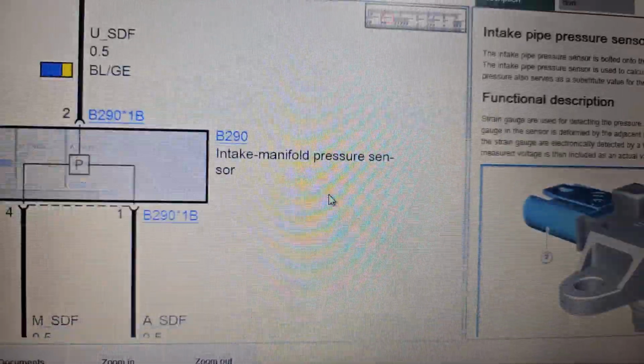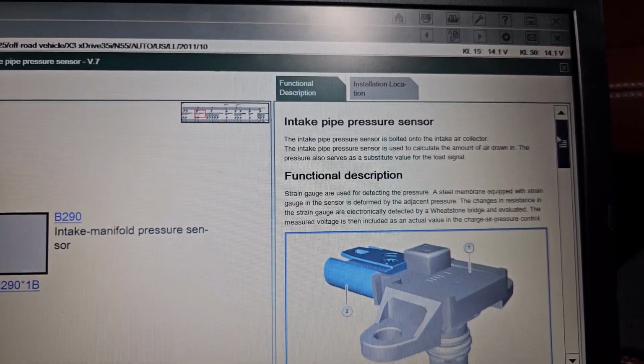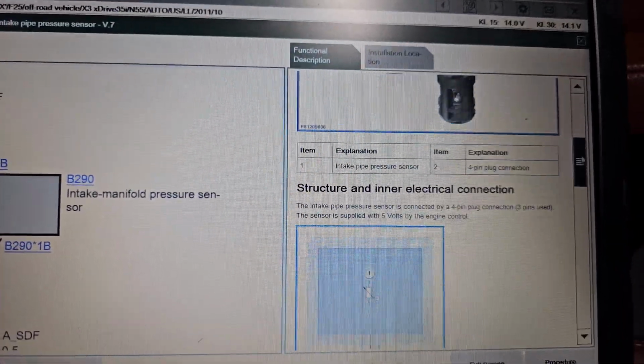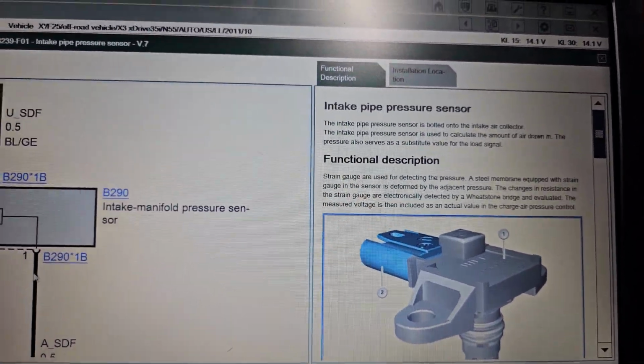I like this one here because it can show you where it is. Intake pipe pressure sensor. Where is the location?